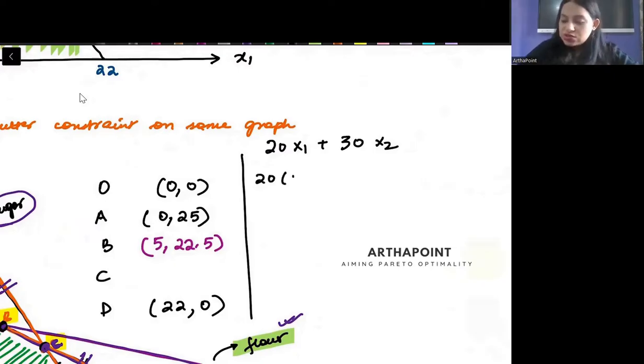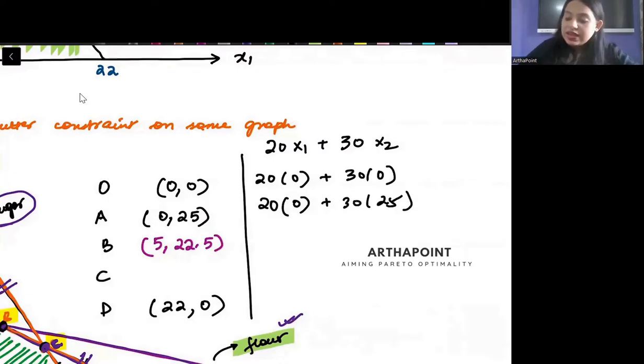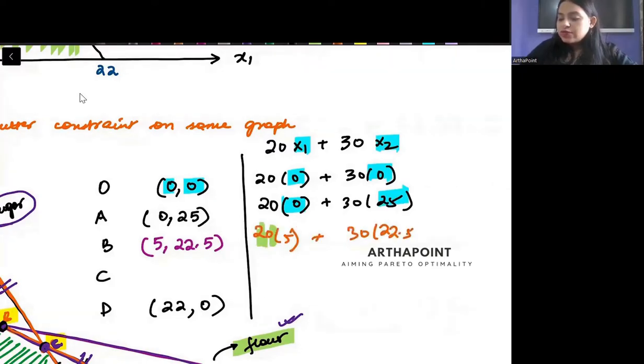So 20 into 0 plus 30 into 0, 20 into 0 plus 30 into 25. In this way, you will plug in each x1 and x2 here, right? So here also you will do 20 into 5 plus 30 into 22.5.